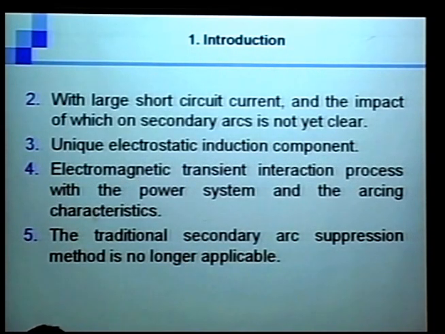And also, the traditional secondary arc suppression method is no longer applicable. Why? Because there is no four-legged inductor. So we must consider new methodologies to suppress the secondary arcs.